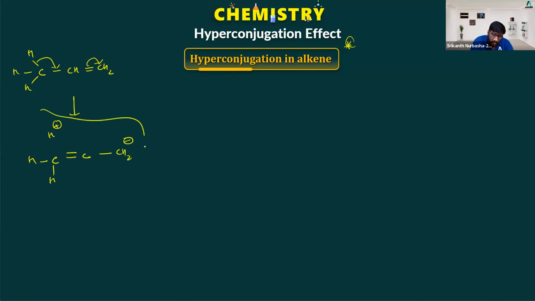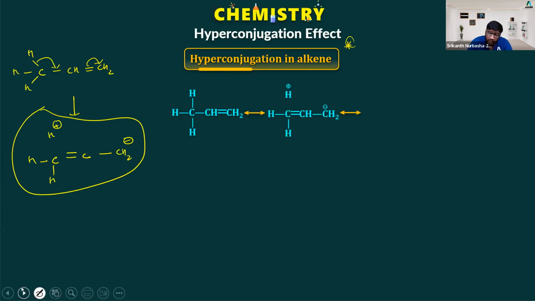This is the hyperconjugative resonance structure. The C-H electron density will be donated to the next carbon-carbon bond. The carbon-carbon pi electron density will be moved away. That means we will be generating a carbanion system. So you get H-CH and a CH plus without any bond, C double bond CH, CH2 minus. Like that we have 3 hydrogens, so we will be having 3 more structures.